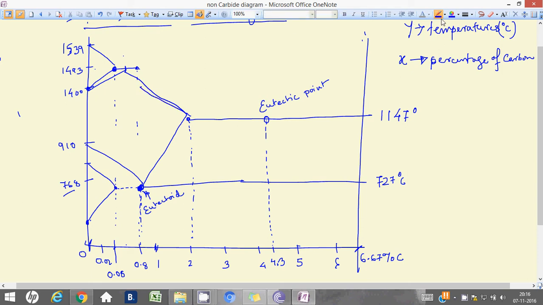Just a minute. Let us draw a good straight line. Okay, let us try. Just a minute. I'm making a mistake again here. Okay. This can be quite good.